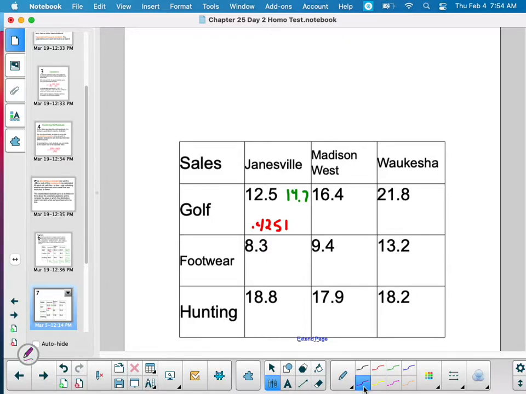So my residual is negative 0.6520. The red is my chi-squared. And yes, the chi kind of looks like an X. If we're doing this manually, that's what we do for each cell.